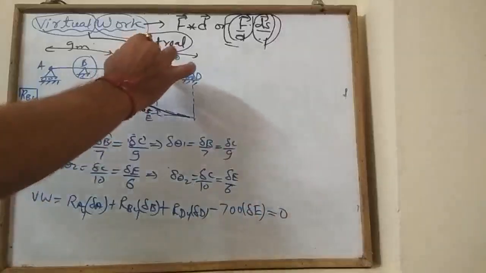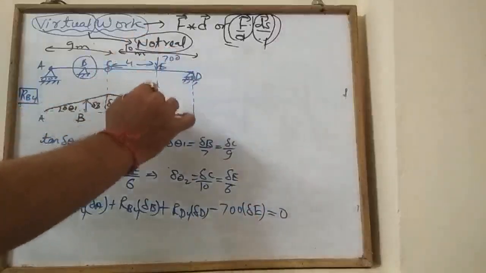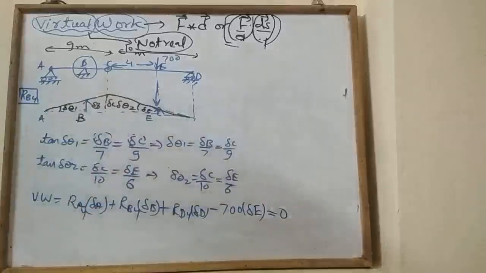Because see, this force 700 is downward but the displacement is upward.